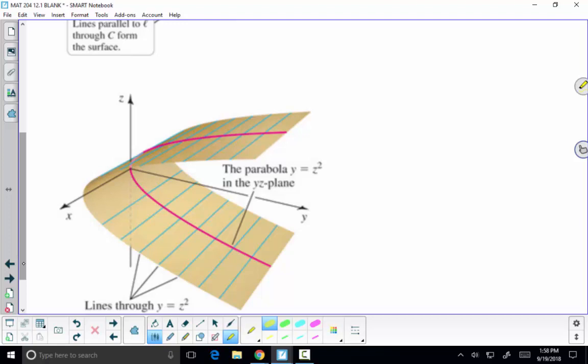If you just rotated each line, like using L as the axis of rotation.